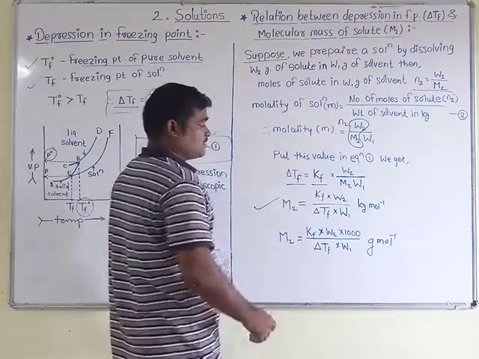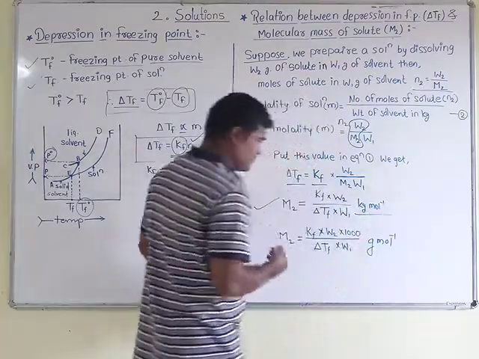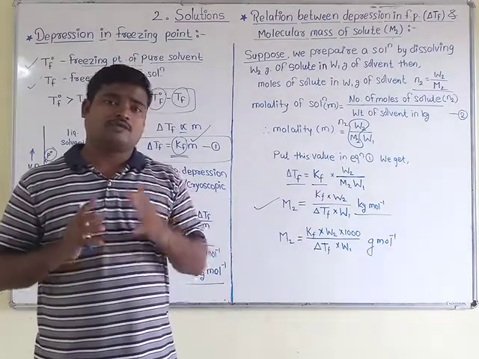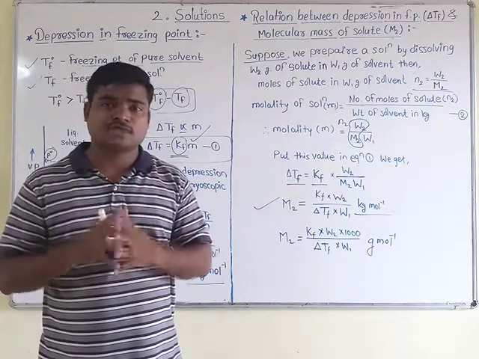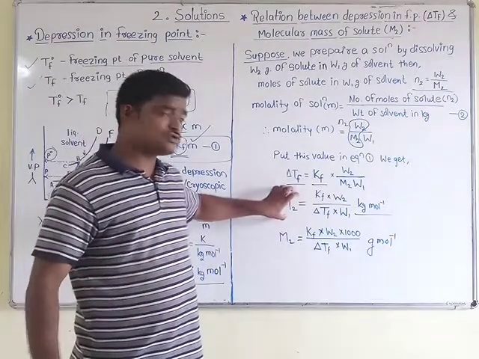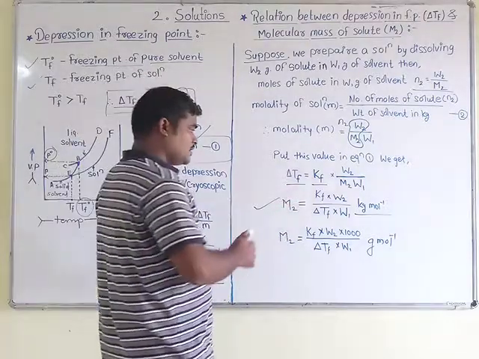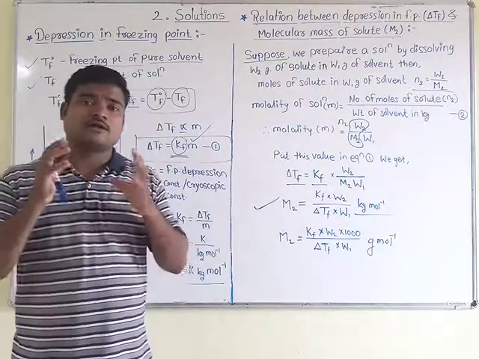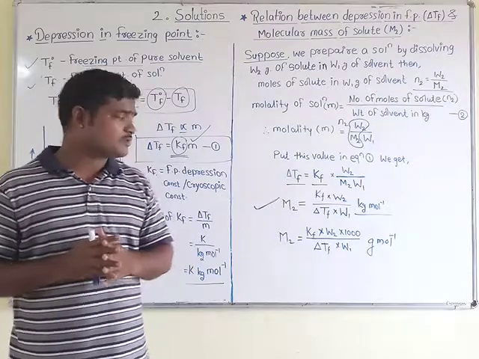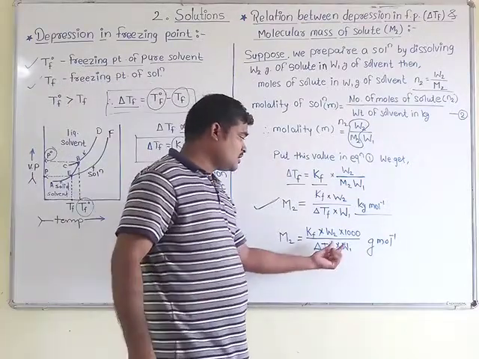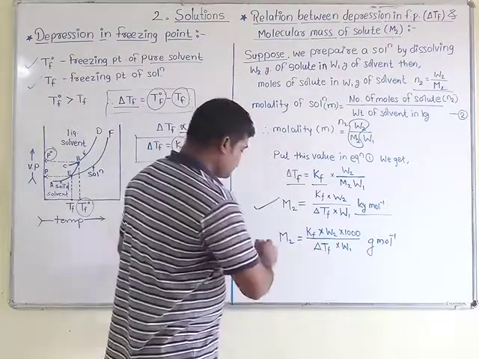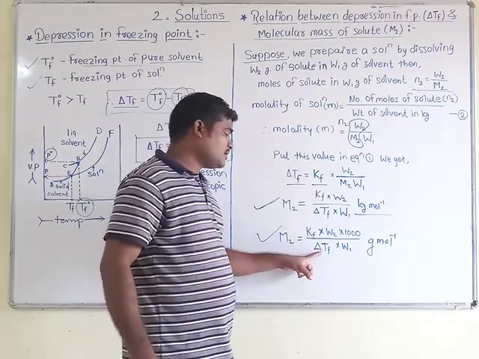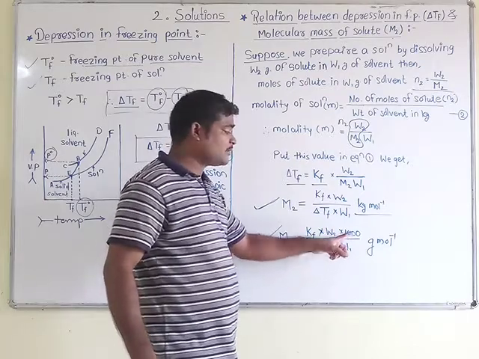This equation, if you want to solve the numerical and all the values are provided in MKS or SI units, then you should use this one. And if the terms are given in grams, at the time of solving the numerical you should use this equation, that is M2 is equal to Kf into W2 divided by delta Tf into W1 multiplied by 1000.